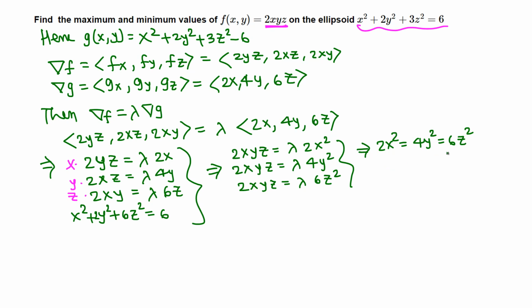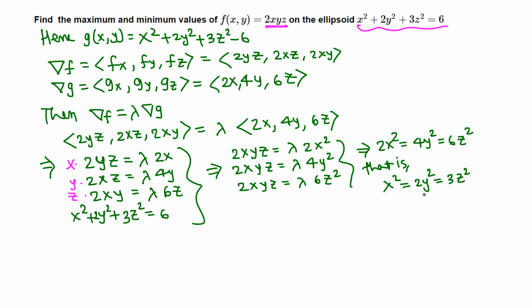Which is the same, if we divide by 2, as x squared equals 2y squared equals 3z squared. We come back here, and I copied this wrong, sorry about that. This is 3z squared.